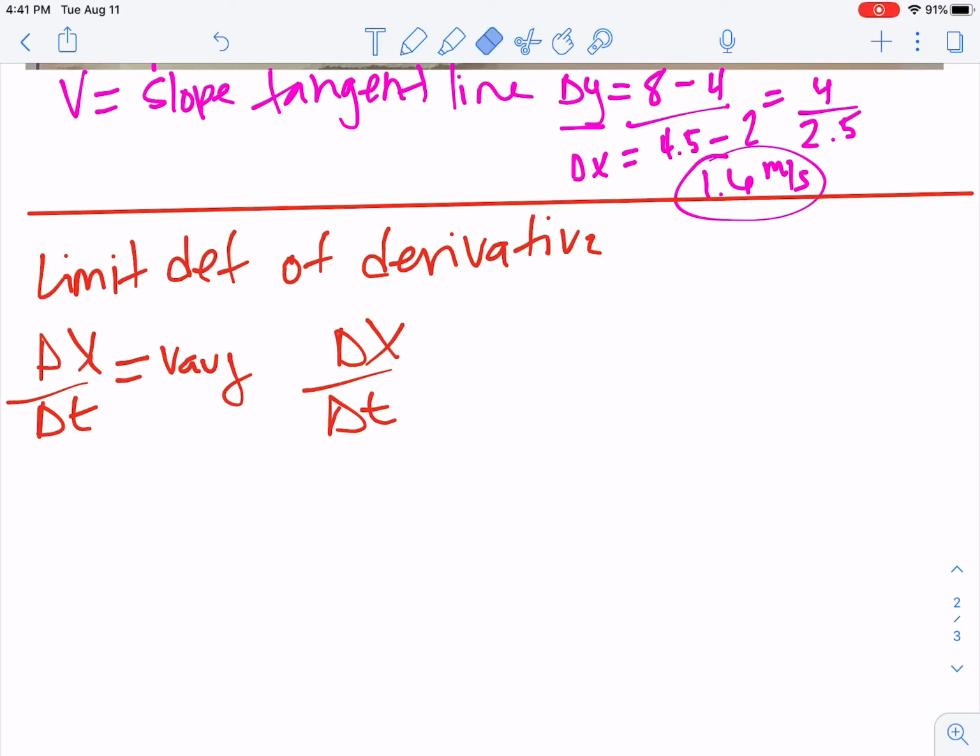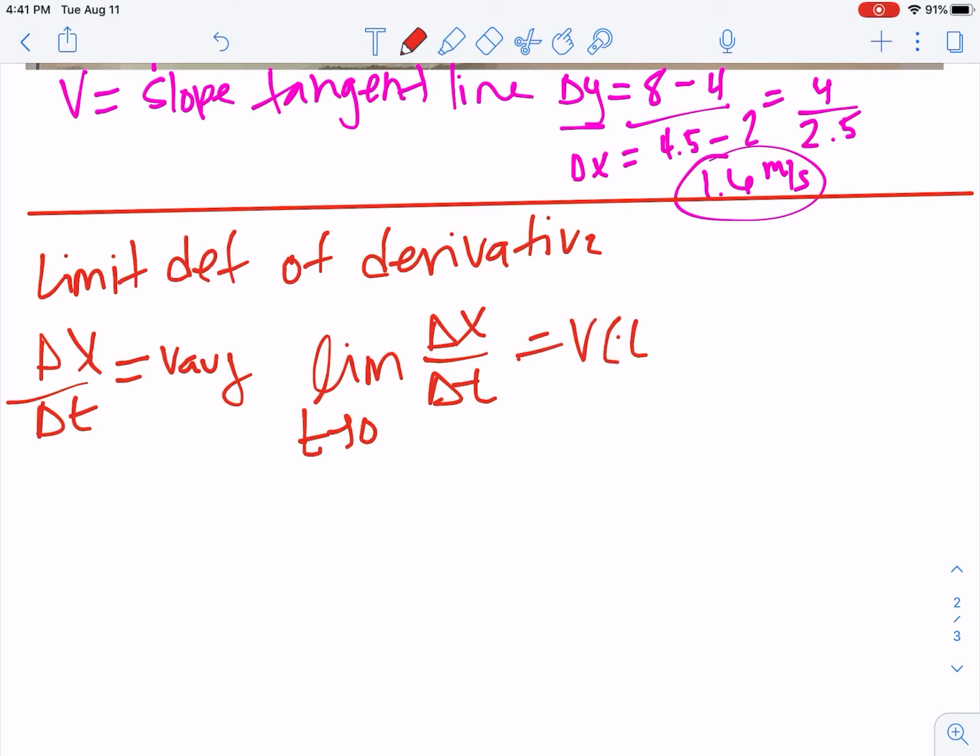So the way that we write this, we actually write it as a limit. So we're going to say the limit of delta x over delta t as t goes to 0 is going to be our actual velocity, the velocity that we're trying to find. So we talked about that as we went into it, is that it's getting closer each time.